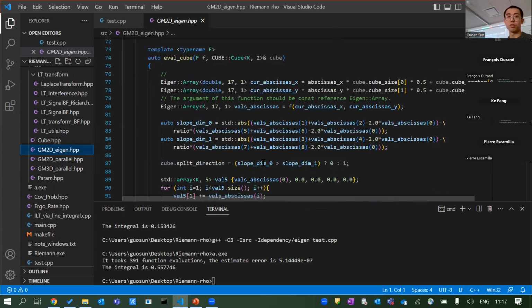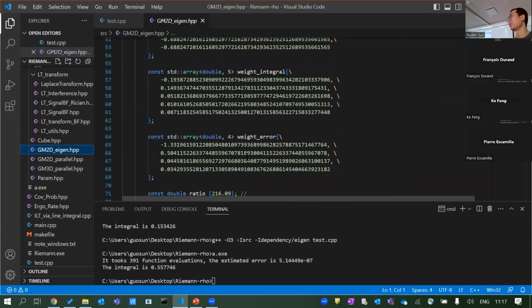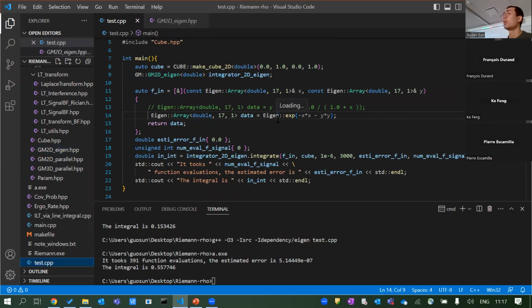Then you do this parallel computation very fast and get the results. Yeah, so this is the 2D case. There are 3D and 4D cases, which are also very efficient.